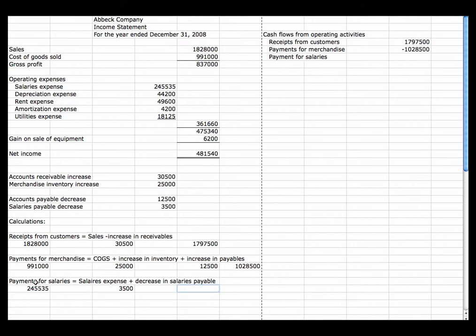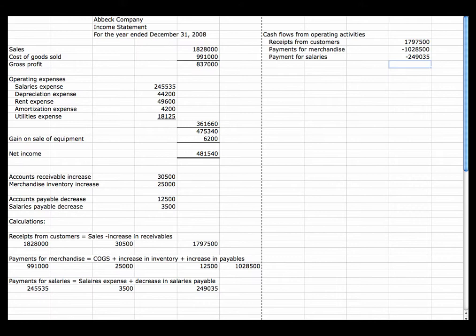So therefore, we can make a formula that says take the $245,535 plus the $3,500 to give me $249,035. So if it's a payment, once again, it's going to be a negative value because we're going to decrease cash because we paid it out: $249,035.